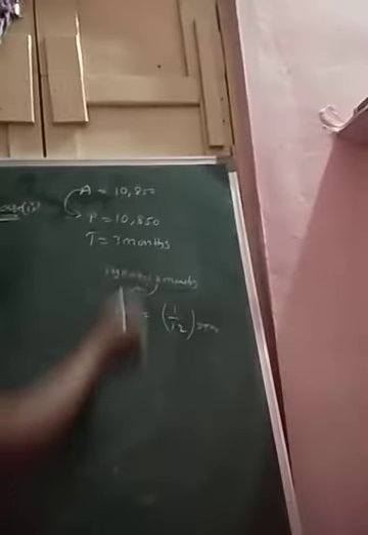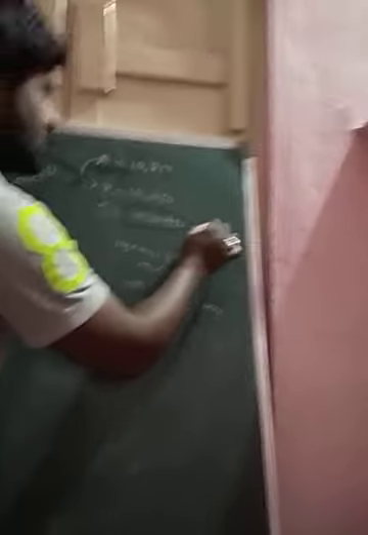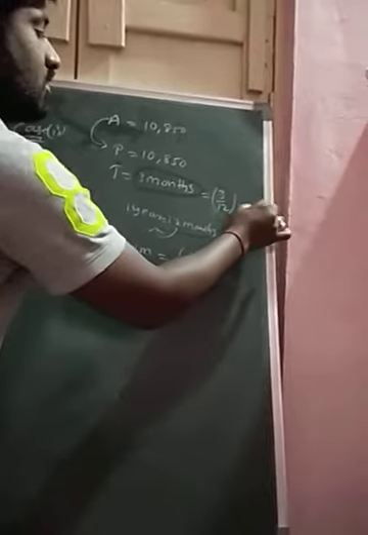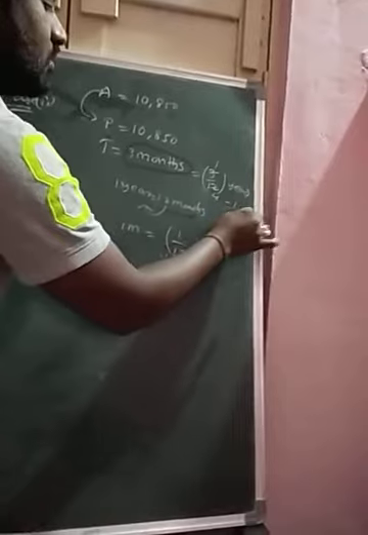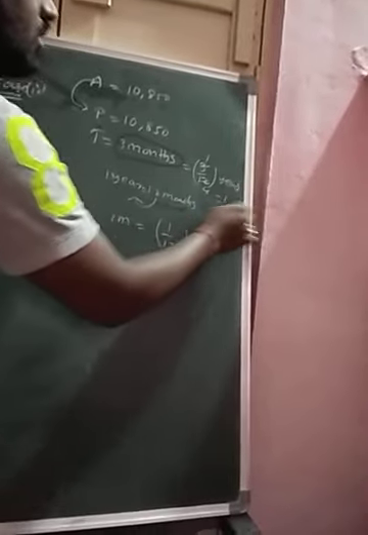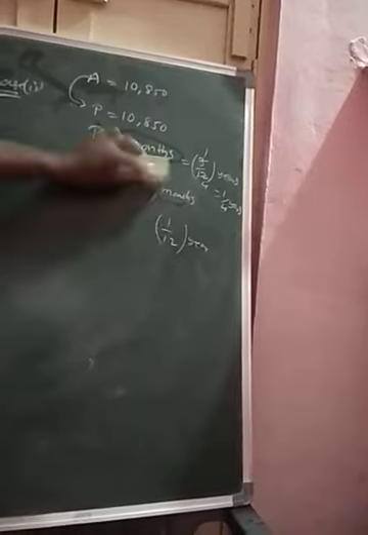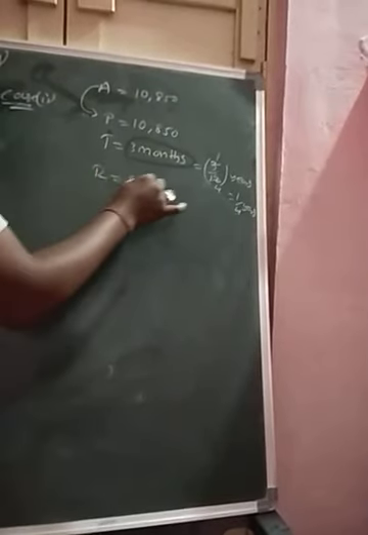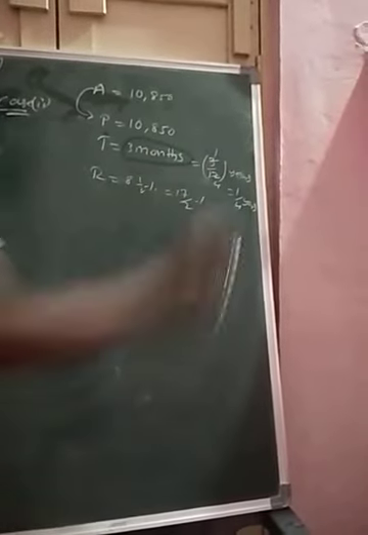So that's why I am writing here 3 months. 3 months is equal to 3 by 12 years. That is 3 1s are 3, 3 4s are 12, so time period is equal to 1 by 4 years. Is it clear? Now rate of interest is 8 1 by 2 percentage, that is 17 by 2 percentage.